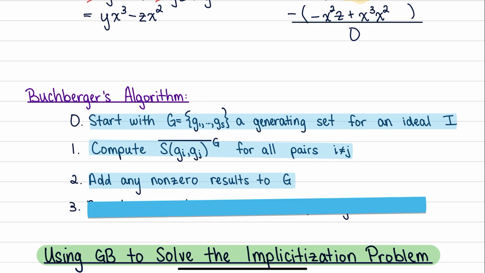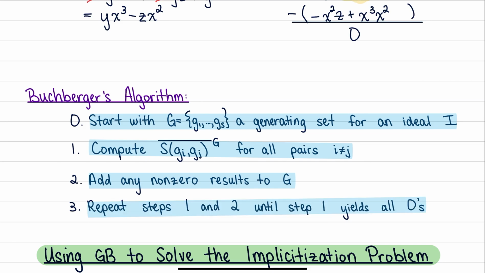Well, let's take those non-zero remainders that I got and throw them back into G. Just make G a little bit bigger. Is it a Gröbner basis now? Well, let's check. We go back and compute all these things again for my new G, and see if I get any non-zero remainders that time.